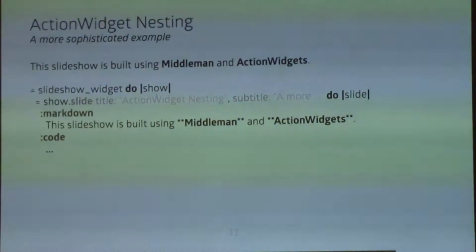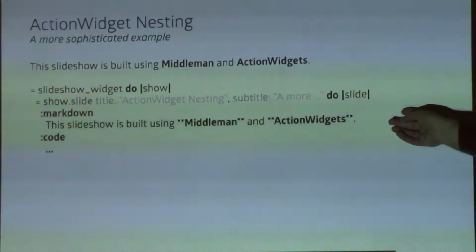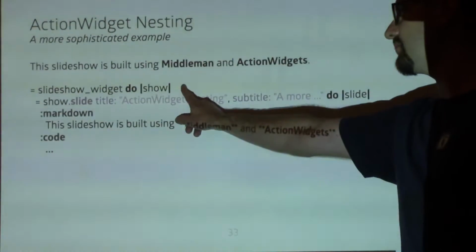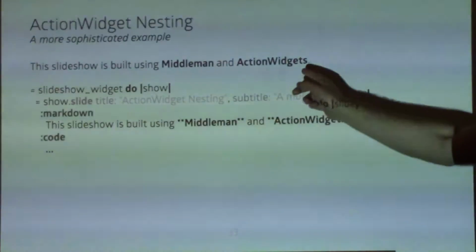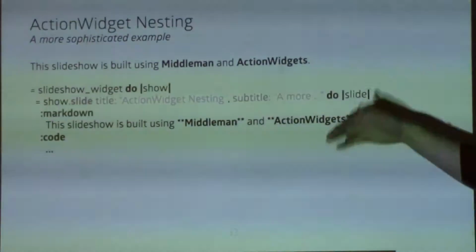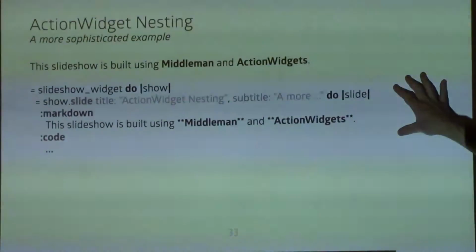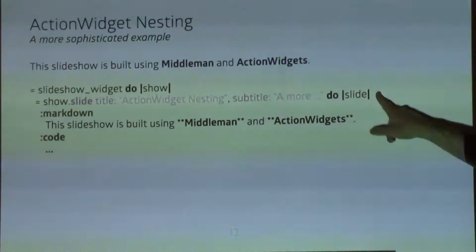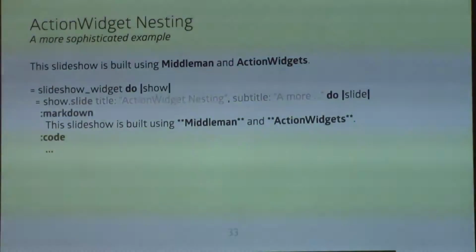And the way I implement it is I have a slideshow widget which gets passed into the block, and then I can call on my slideshow widget the slide method, which generates one particular slide, and then the slide itself takes the content.